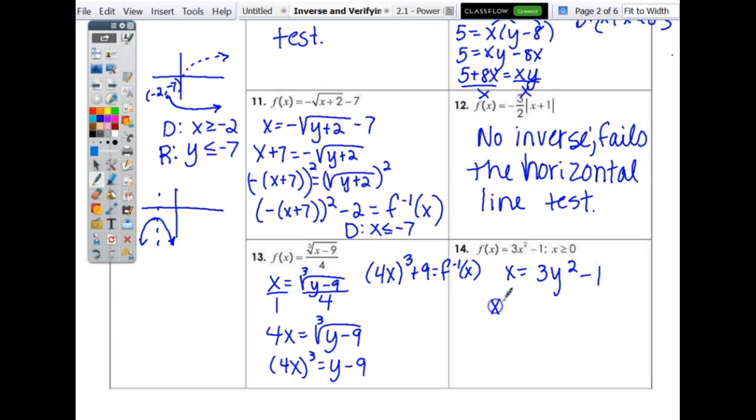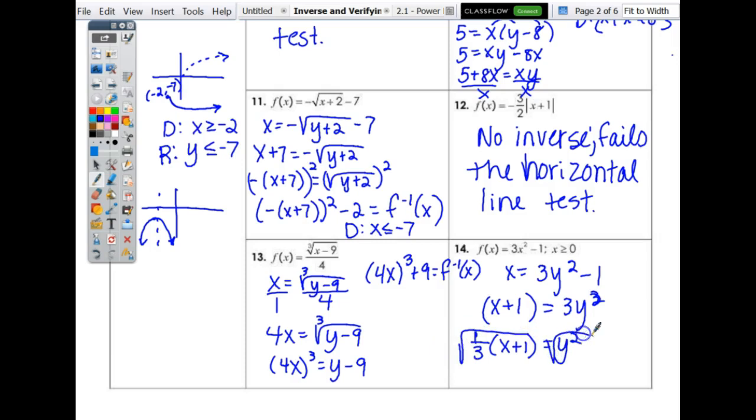Okay, on the last one. I'm going to add 1. I'm going to divide by 3, but I'm going to do like I did last time so it's out in front. And then what do I do with the y squared?